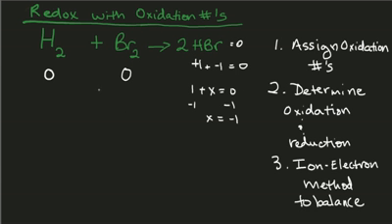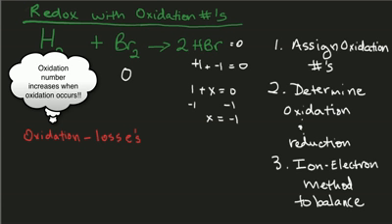So, now the question is, do you remember your rules? Oxidation is the loss of electrons. So what does that mean? That means that the oxidation number should get more positive. You're acquiring more plus charge each time you lose an electron.